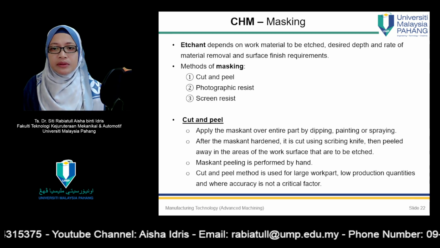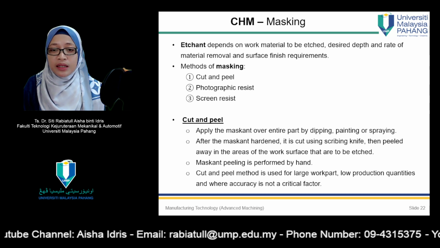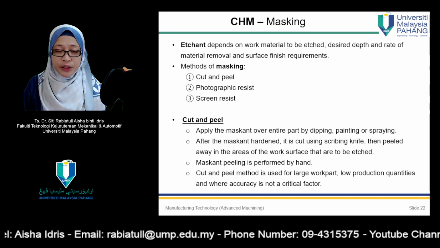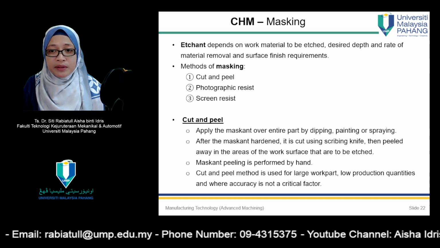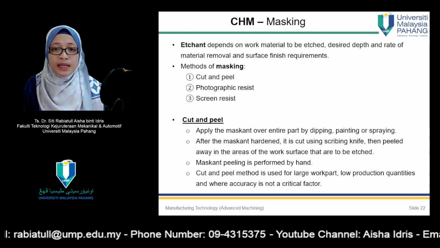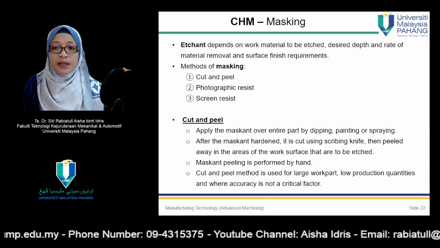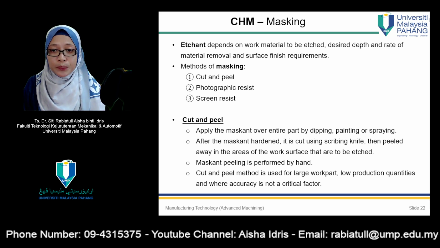Masking materials include neoprene, polyvinyl chloride, polyethylene, and other polymers. Masking can be accomplished by any of three methods: number one, cut and peel; number two, photographic resist; number three, screen resist. The cut and peel method applies the masking over the entire part by dipping, painting, or spraying.